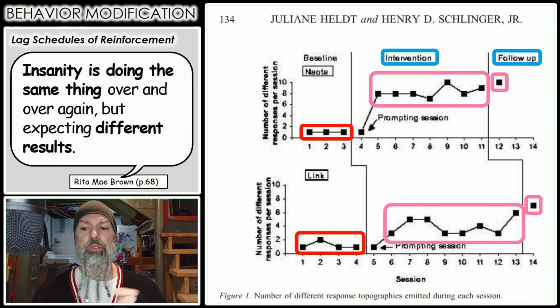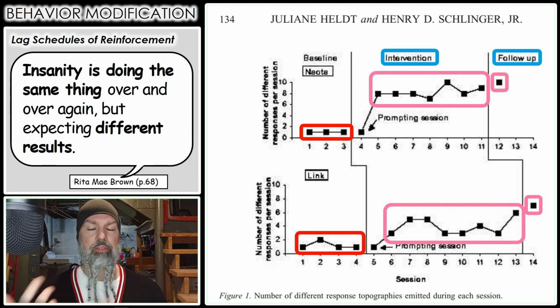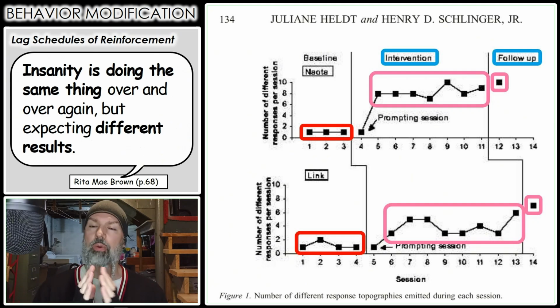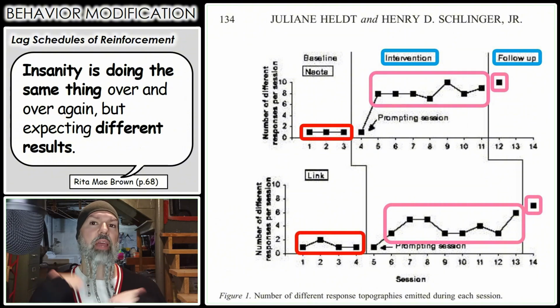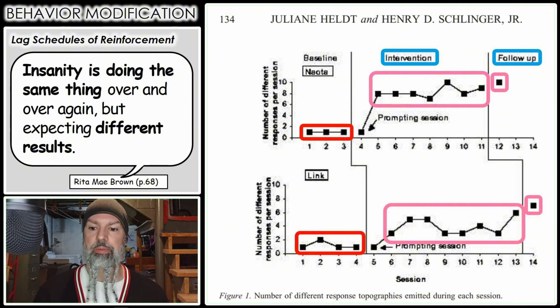And then that follow-up support, again, is important to maintain variability over time. So we do want to keep these lag schedules of reinforcement in place in order to maintain that variability as the person grows and develops.